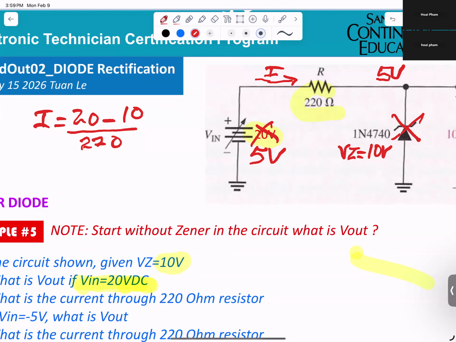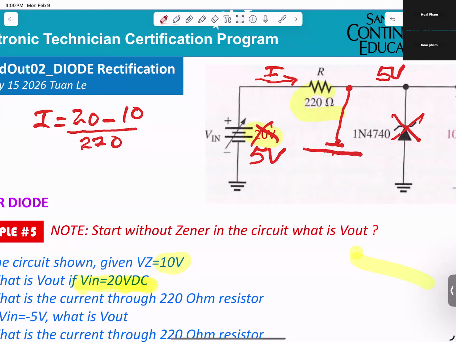You can see. Okay. I redraw that one. I draw the diode. Negative, positive, ground. Negative, positive, 0.7 volt.